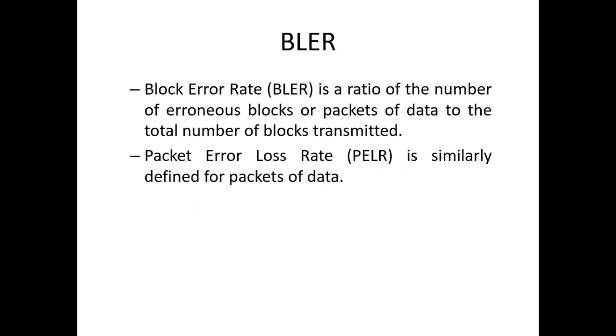When you count these blocks, packets or frames, how many of them you need to drop because they have errors. We cannot accept those packets, and some packets may be good. So in terms of packets, when you calculate the ratio, it's called BLER, block error rate, or PLR sometimes.